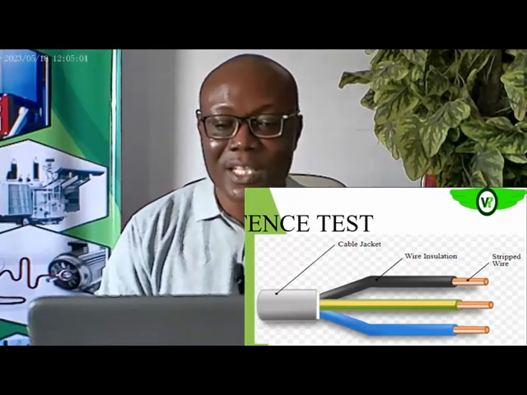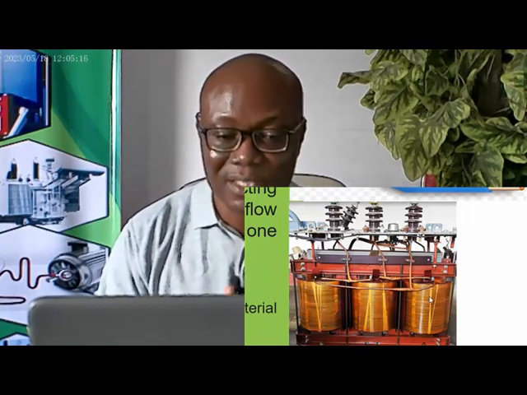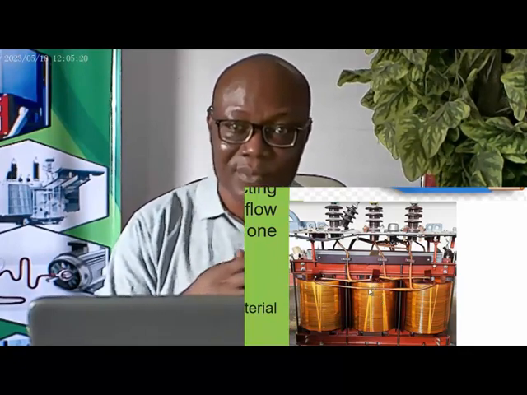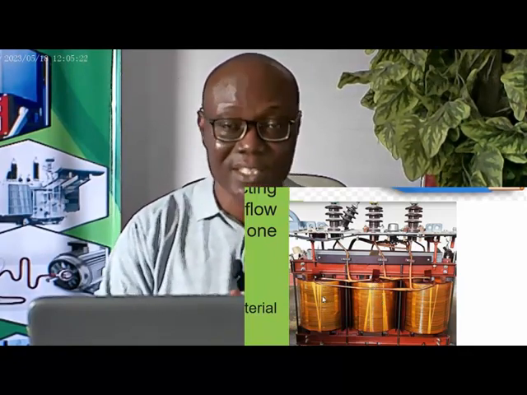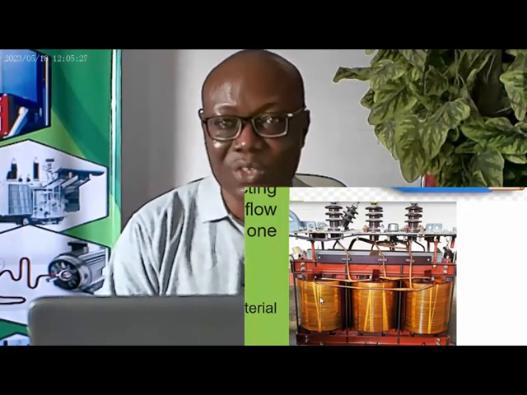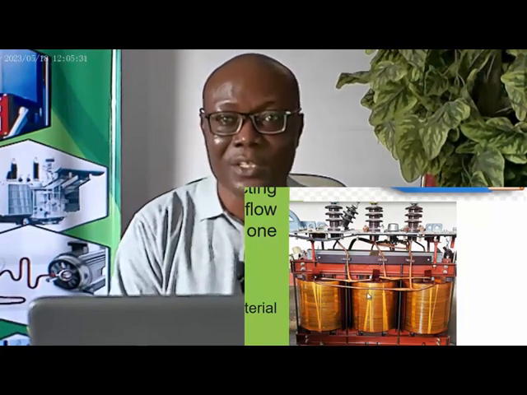Then in the equipment, as we will see later, this is a transformer. These conductors, the three of them, are isolated from one another, and even within a leg, as we will see later, the primary winding and the secondary winding are actually isolated. They do not have connection with each other.